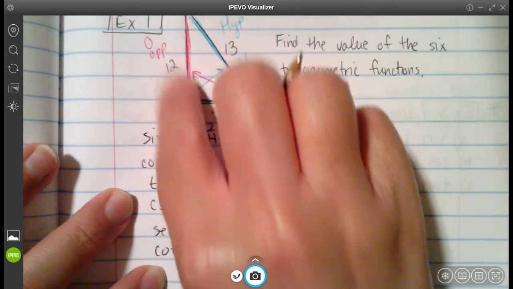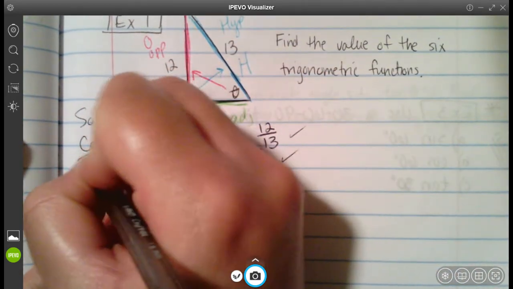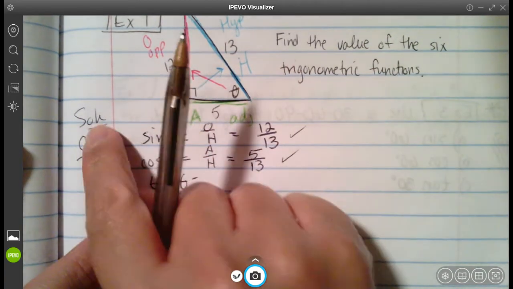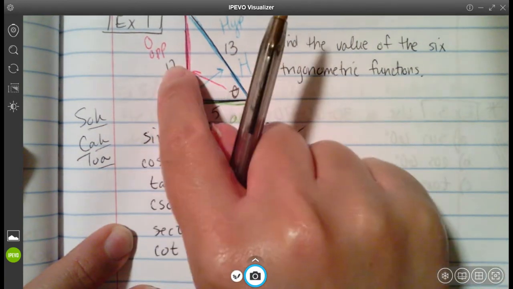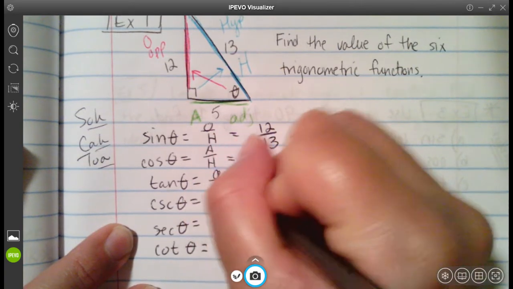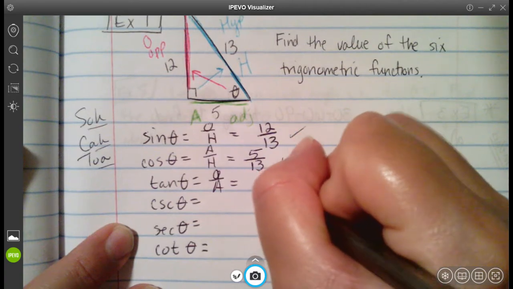Tangent is opposite over adjacent. If you ever forget, just write SOHCAHTOA, that's why it's called that, you have the letters that go with it. Tangent is opposite over adjacent, so 12 over 5.